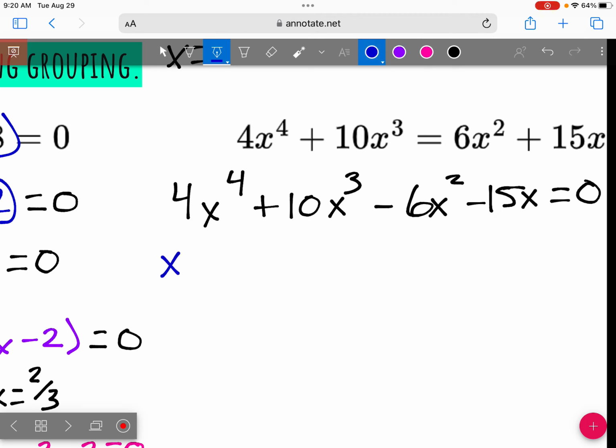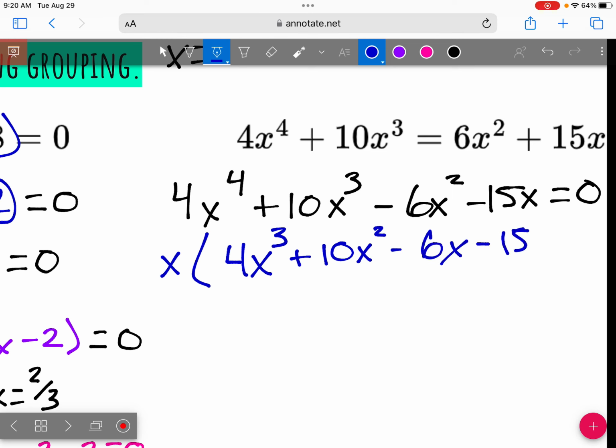So we have to check that first. I 100% missed that one. 4x cubed plus 10x squared minus 6x minus 15. Now we can break it into pairs and do our factoring with grouping. So we have to check that first. GCF first. So that x out in front's just going to hang around for a while.